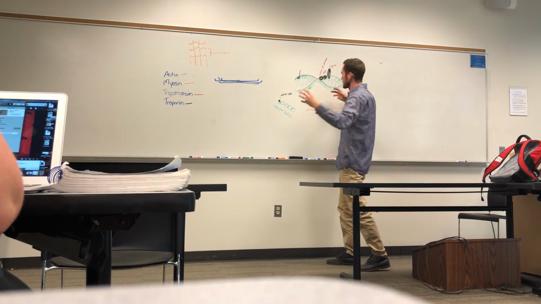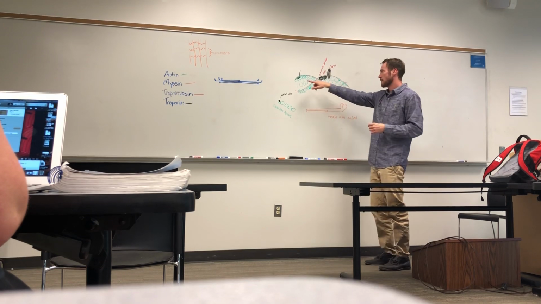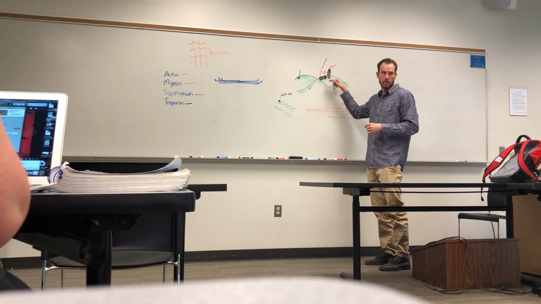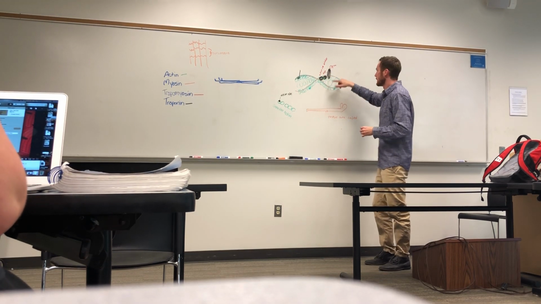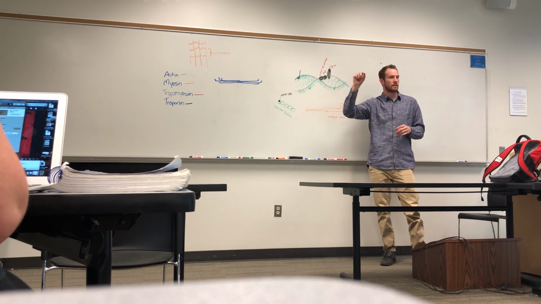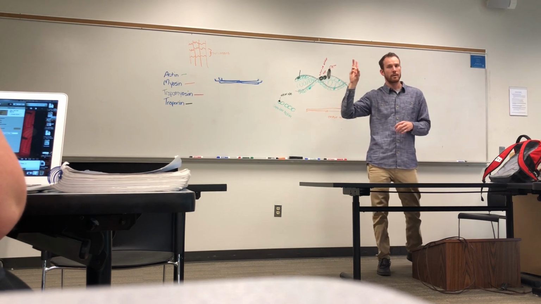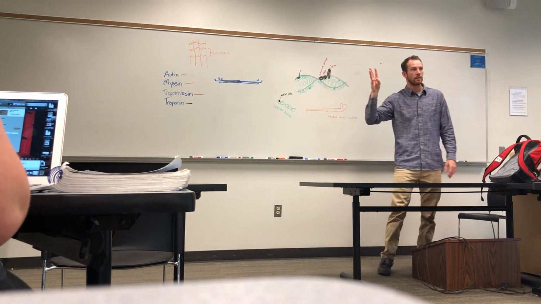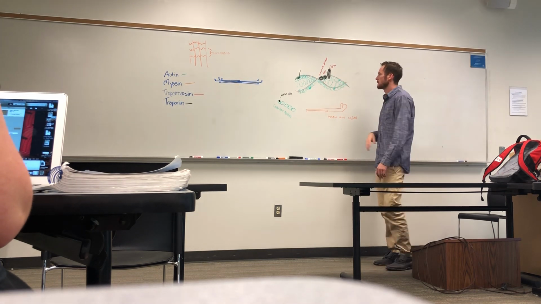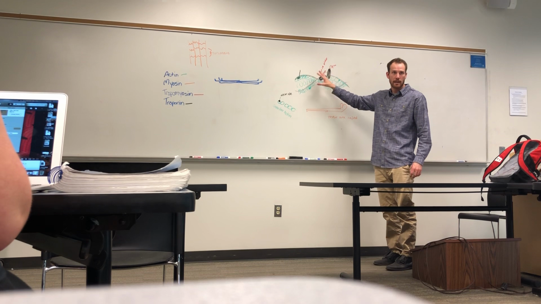We have tropomyosin, which is that rope-like structure that sits in the grooves of that double helix. And then we have troponin, which is that 3 subunit molecule: one binds to calcium, one binds to tropomyosin, one binds to active sites on the F-actin strand. Okay, so those are components of the actin molecule.